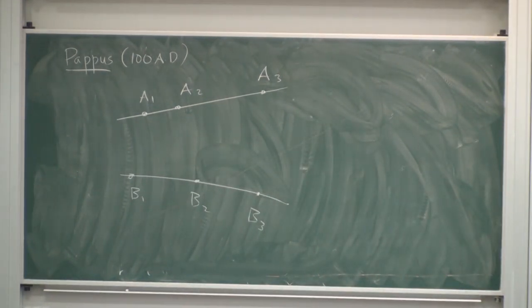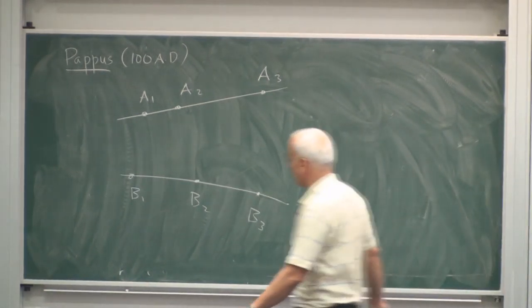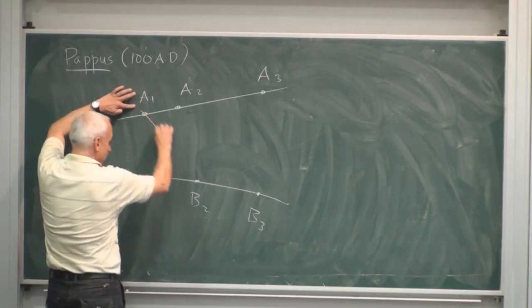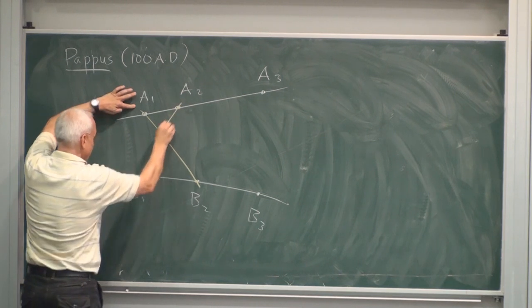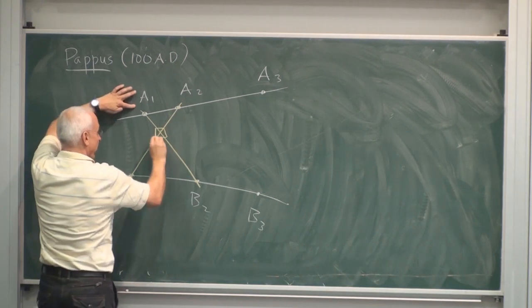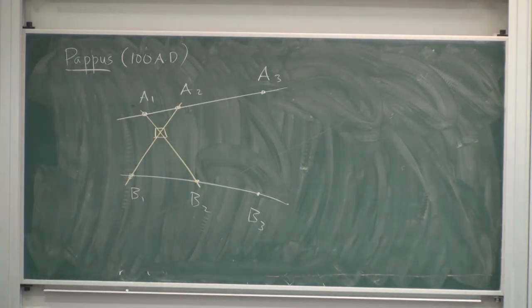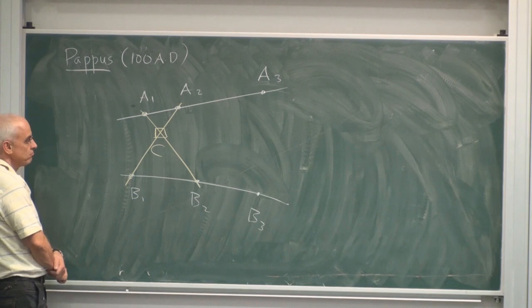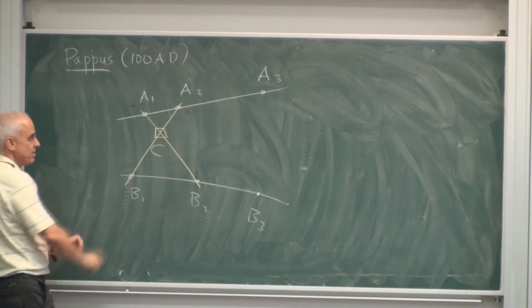This is a result only involving a straight edge, no compass or anything sophisticated required. We're going to join A1 and B2 and A2 and B1, and we get a new point. Let's call it C sub 3.